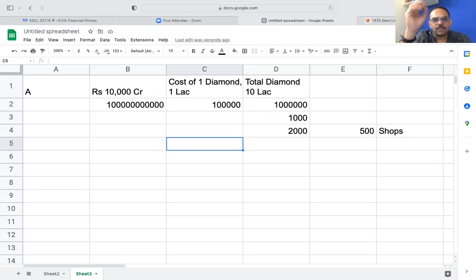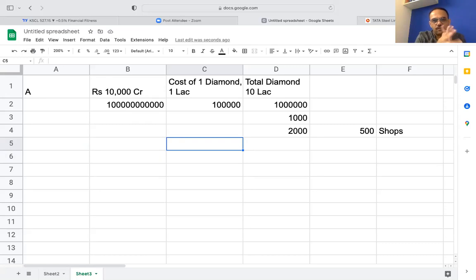He might go to the first shop, buy some 400, 500 out of 2,000, say thanks, and come out. Then someone will say, okay, 500 diamonds were sold, but the next day he will not go. After a day and a half, again he will send his friend, go and buy some 500.